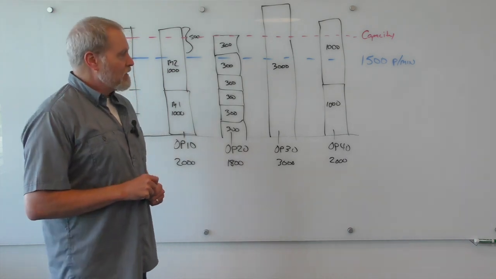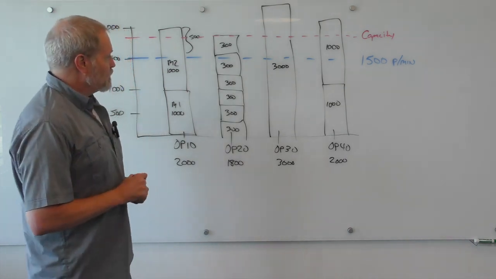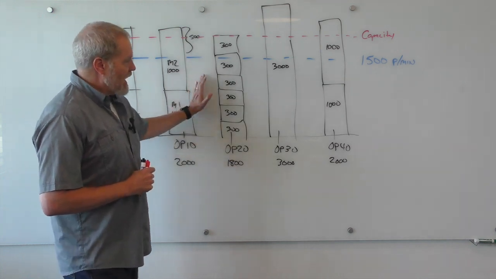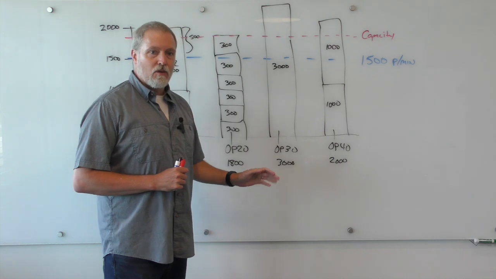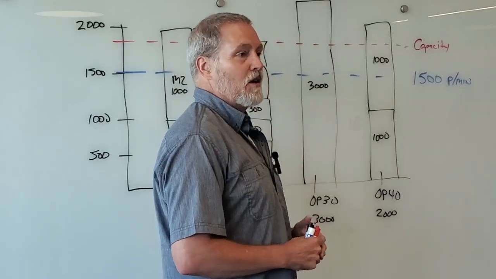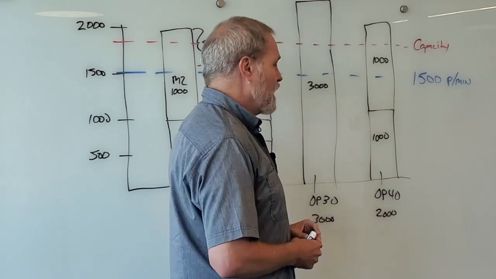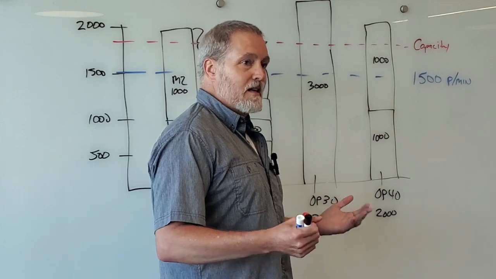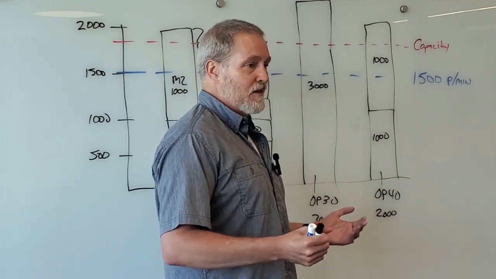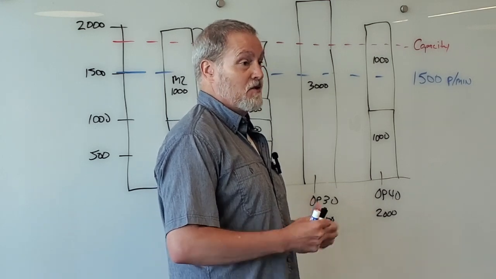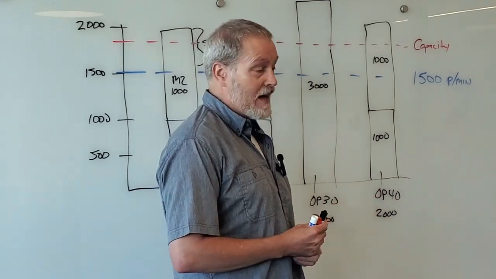So the next thing we have to think about is how much inventory we need to store between each of these operations in order to account for momentary stops that are a natural part of the solution. And the things you have to consider here: there are planned downtime events. If you're a 24/7 operation, you're doing planned downtime activities in potentially working shifts. You've got to account for that.